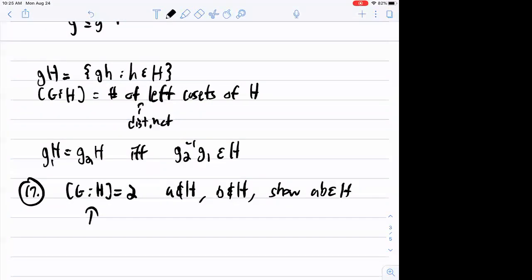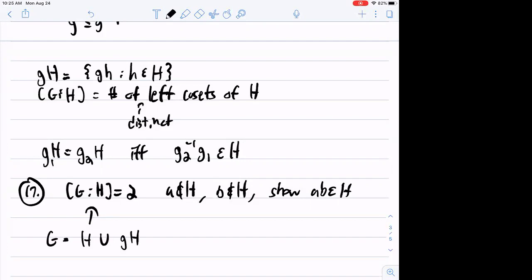The number of distinct left cosets is 2. And remember, the cosets partition G. So you have G is like H union another coset. Let's call it GH. You always have H, right?